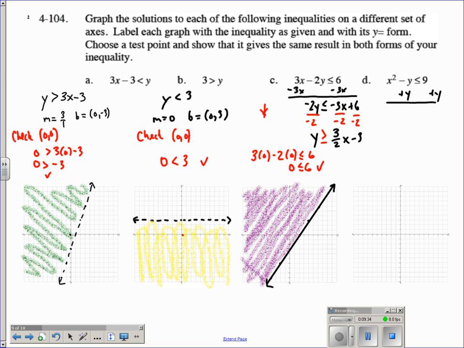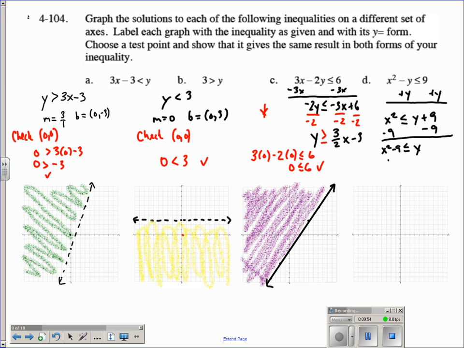And you'll see when we do that, we're going to have x squared is less than or equal to y plus 9. And then we have to get y by itself still, so we'll subtract the 9 from each side, and we're going to get x squared minus 9 is less than or equal to y.